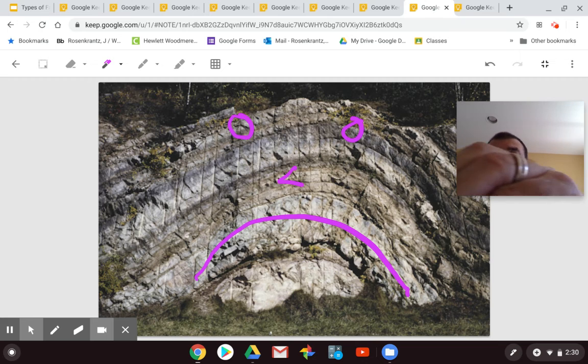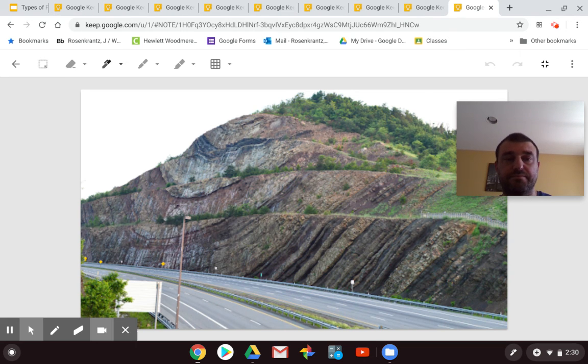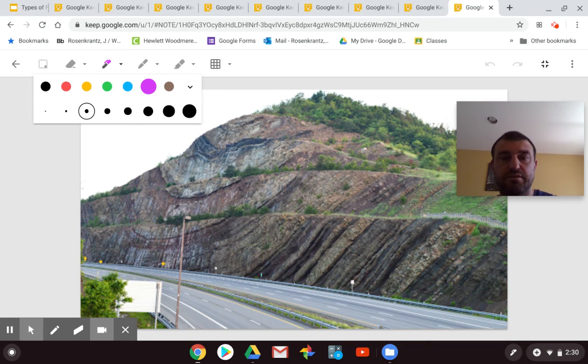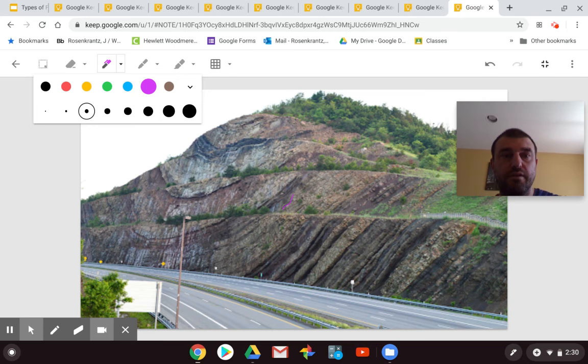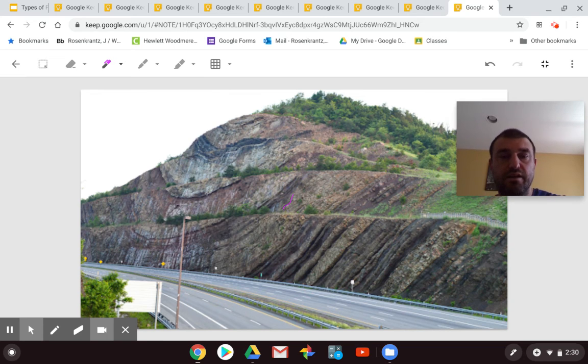And then if it smiles, like this one, nice broad smile there. See how happy he is? So if he smiles, it's called a syncline.